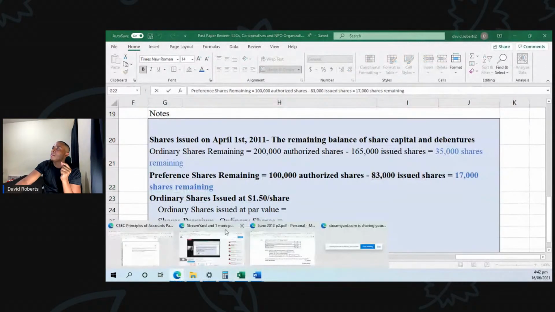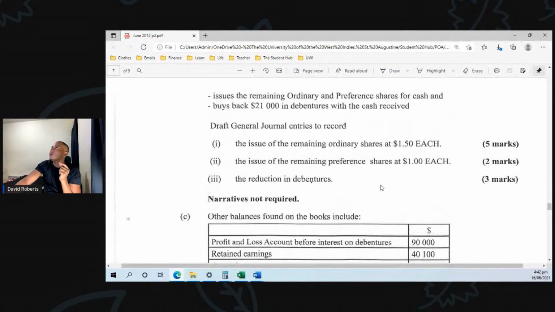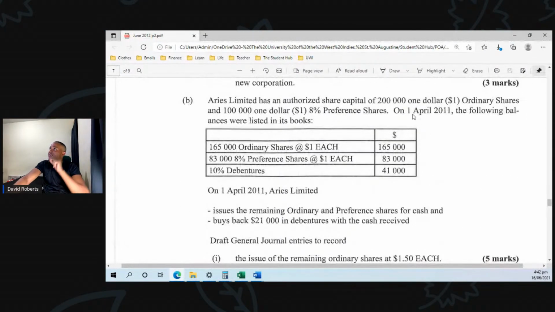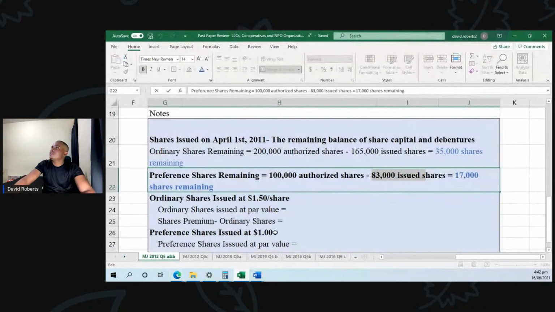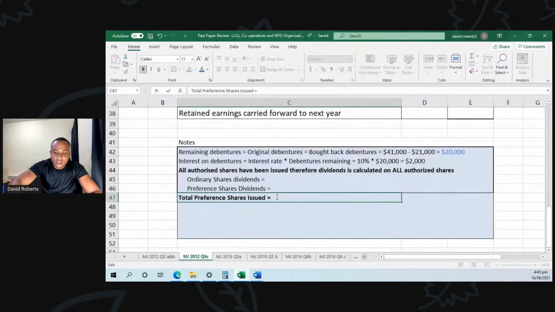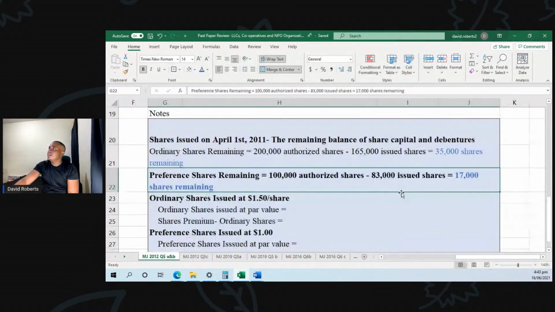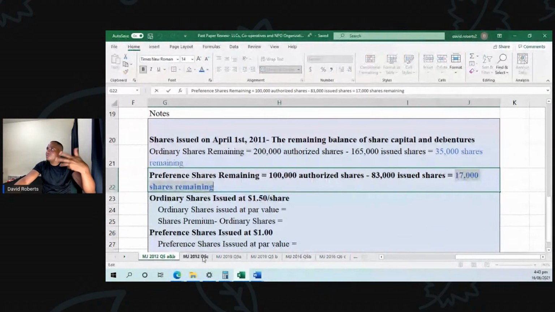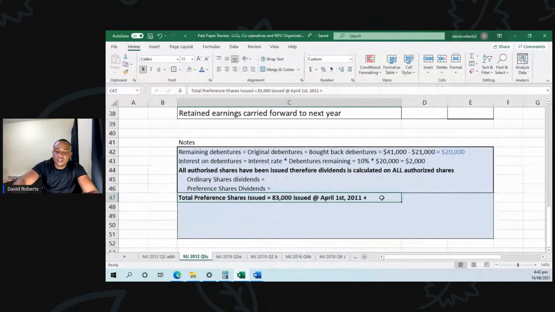The total preference shares issued: we have 83,000 shares issued as at April the 1st, 2020. And then we have to add on the 17,000 that was issued.